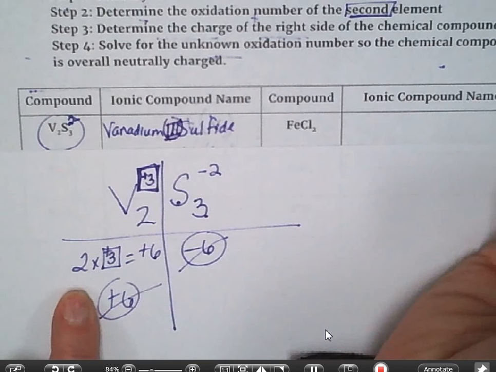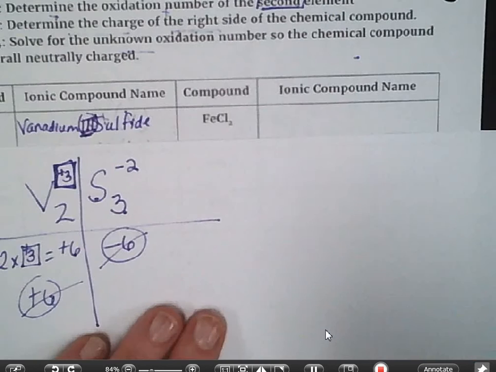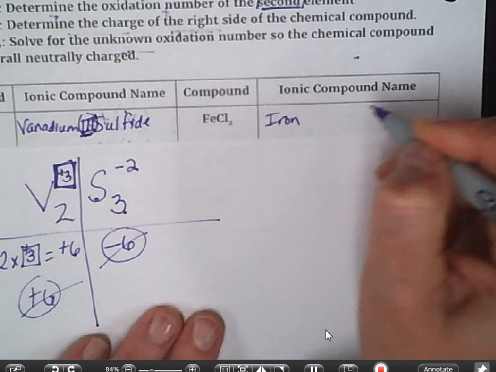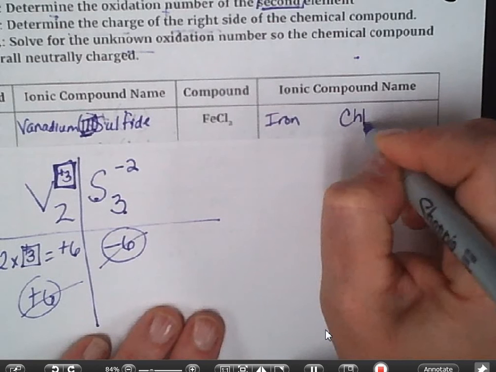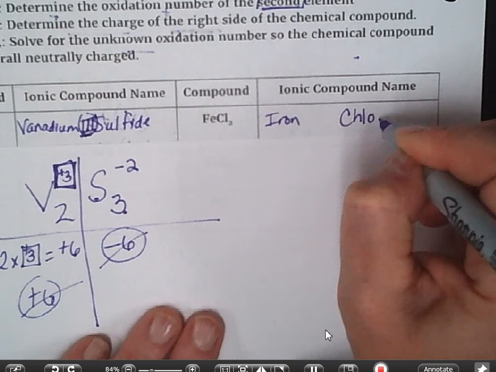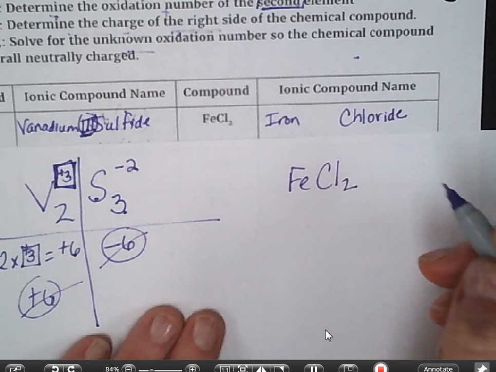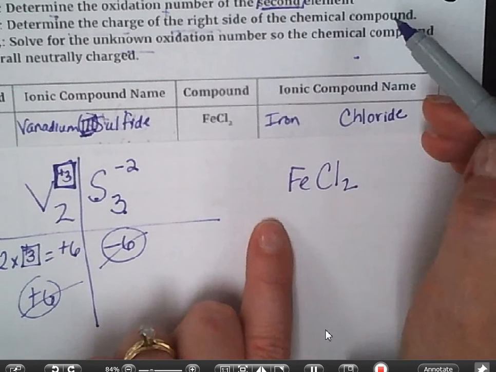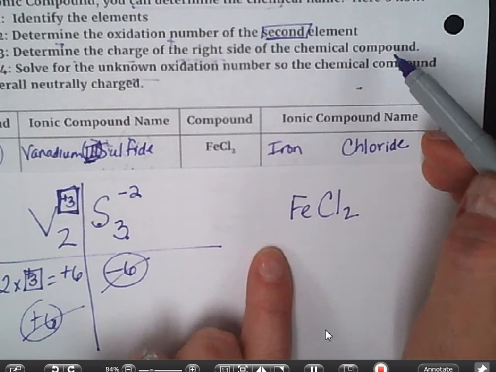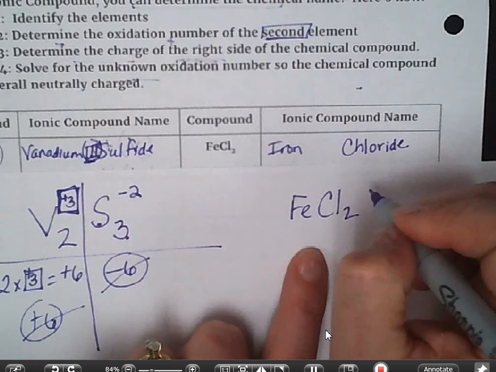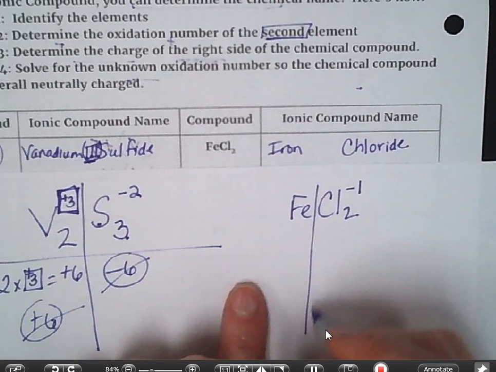All right, let's come over here to iron chloride. So I know I have iron, and I know I have chlorine, which when it bonds becomes a chloride. All right, so if I look at the formula, remember, step 2, I'm going to determine the oxidation number of the second element, and chlorine is a -1, right? So again, I've got two sides of this compound. I've got the iron side and the chlorine side.